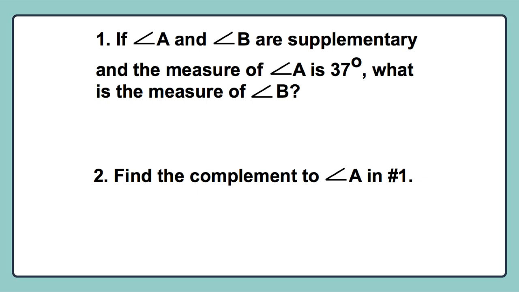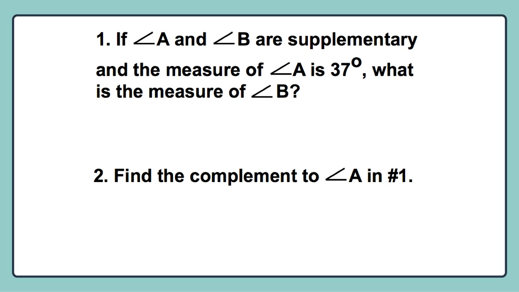Yep. Okay, let's look at the next box. We're gonna try a couple problems. And one thing you're gonna see, you're gonna be like, why are you doing all this extra work when I write these? It's because we're gonna be getting into equation writing tomorrow. So we're just gonna kind of see how it starts to set up. On number one, if A and B are supplementary, what's that supplementary tell us? Straight, 180.